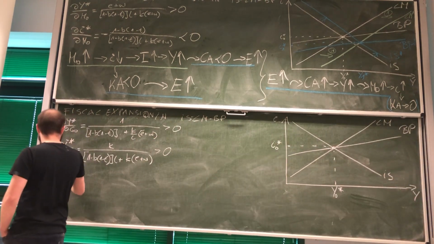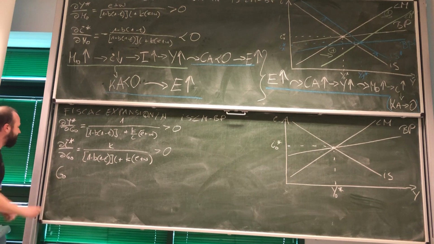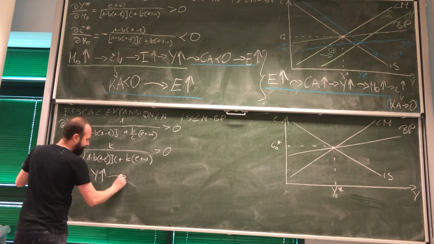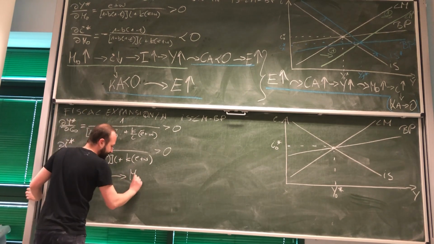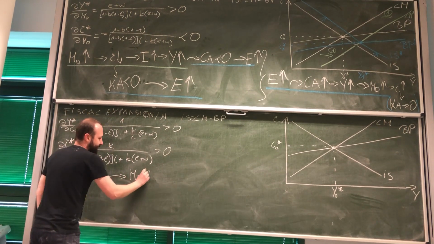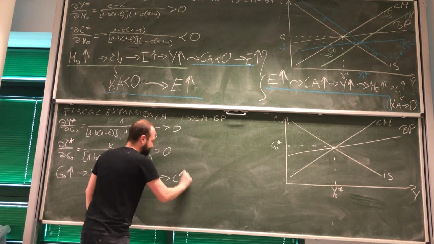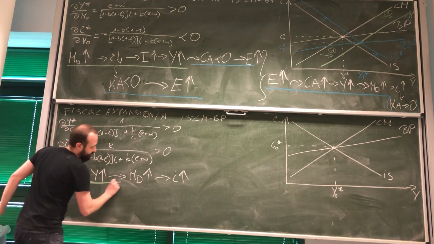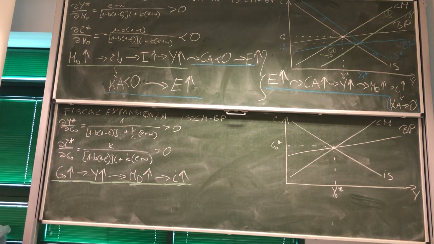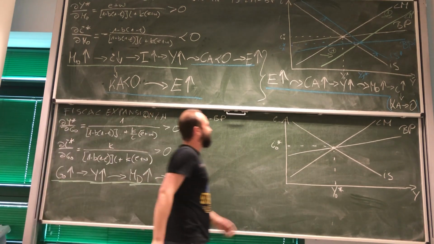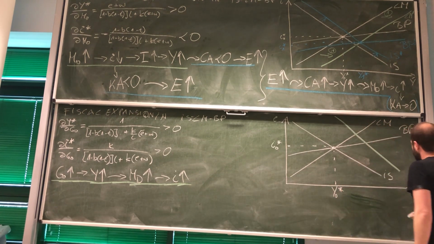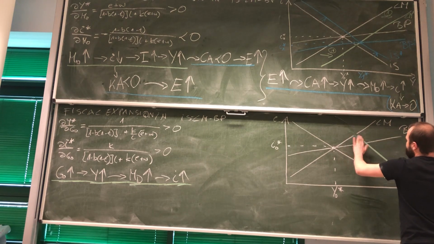So again, we can start with the closed economy effect. Higher government expenditures mean higher income. Higher income means higher money demand. Higher money demand means higher interest rates. Right? This is the effect that we had in a closed economy. Right? We saw this as the IS curve moving to the right.